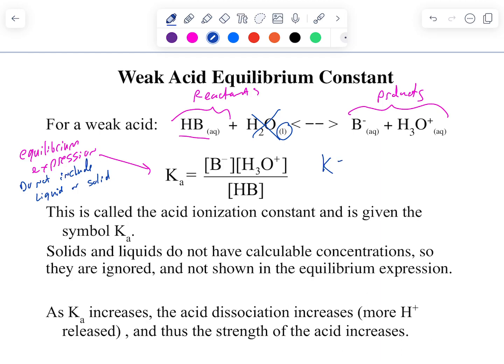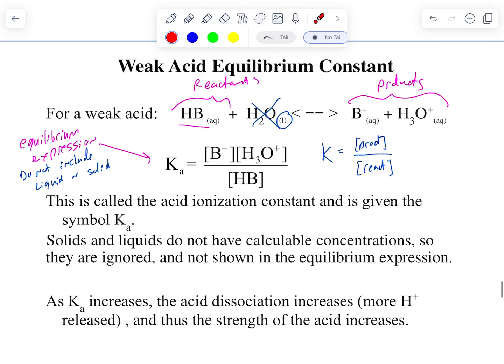The equilibrium constant, K, is equal to the concentration of the products over the concentration of the reactants. Now, if there's multiple reactants or multiple products, then they're all going to appear either in the numerator or the denominator, just like this. So we need to set up this expression because this is what the value of Ka is: the equilibrium or ionization constant, the acid equilibrium constant.